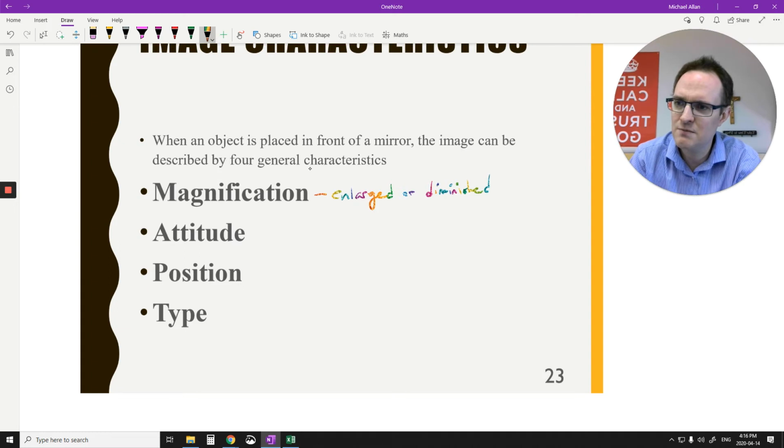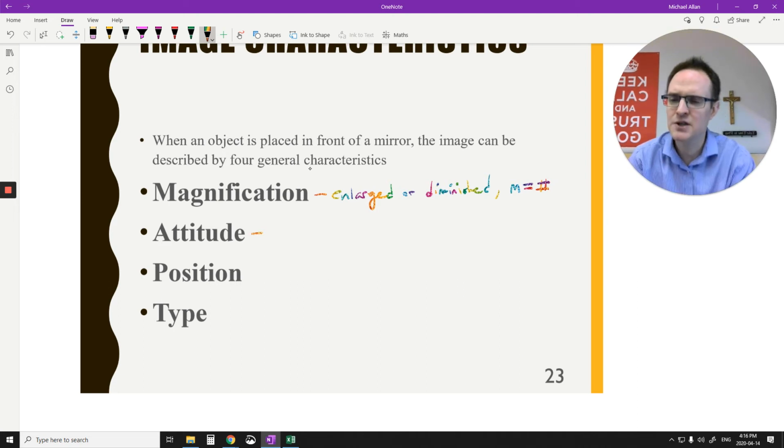But this could also be a magnification number. You could say it's 2 times enlarged, or it's half the size it was before, so that's diminished. It's a multiplication number. So it's either one of these two descriptive words, enlarged or diminished, or an actual number.